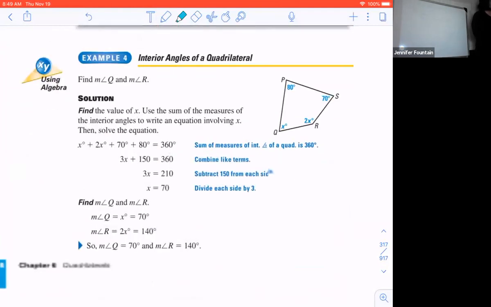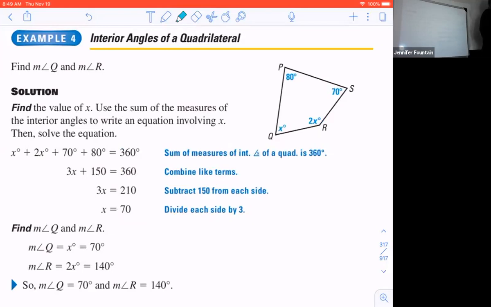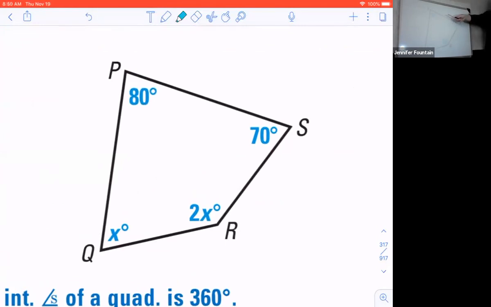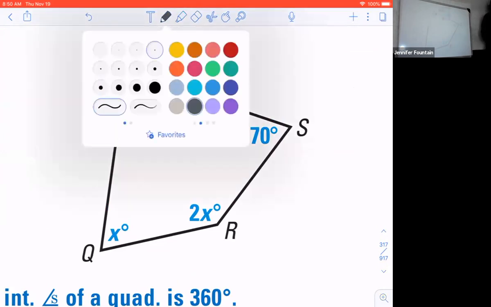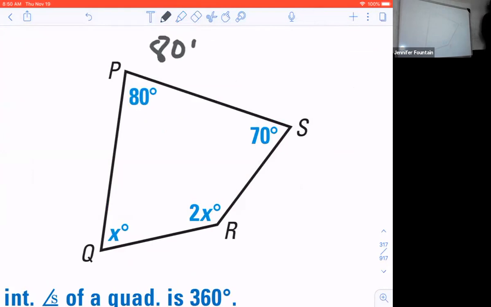So let's go ahead and take a look at an example that they've given us. Example 4 shows us that we've got our quadrilateral here. And so if we know that angle P is 80, angle S is 70, R is 2x, and Q is x, all I've got to do is use that same formula and set them up where I have 80 plus 70 plus 2x plus x equals 360.